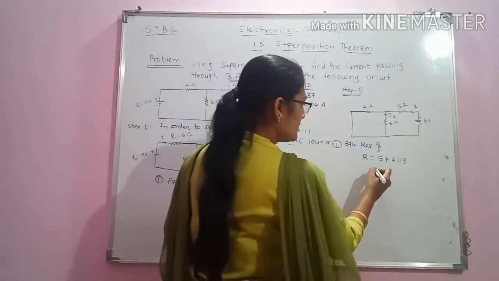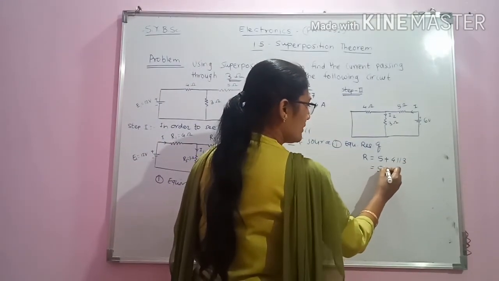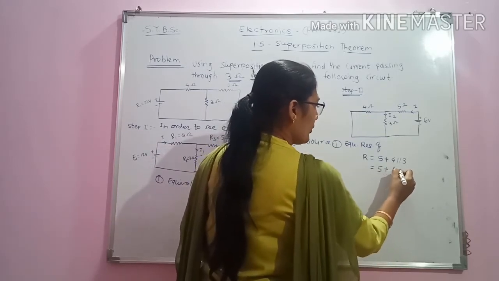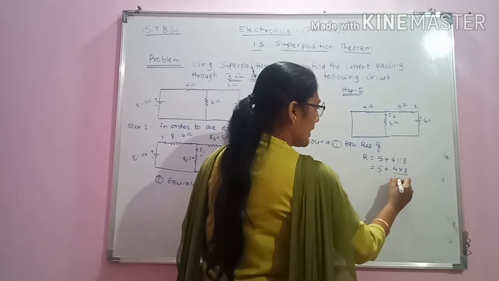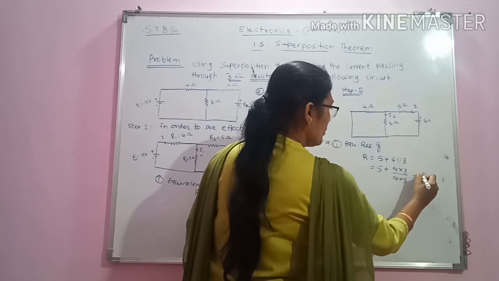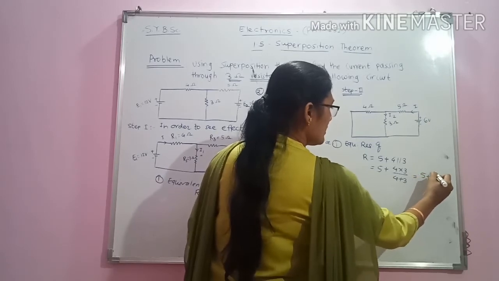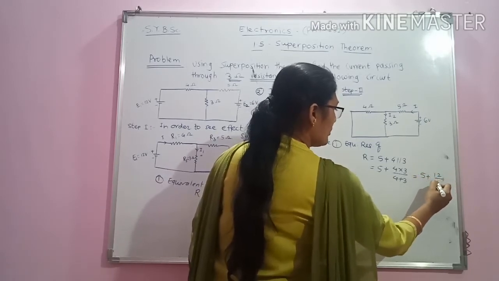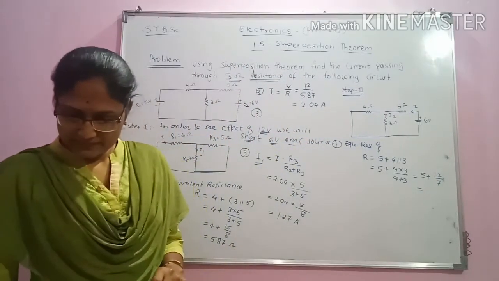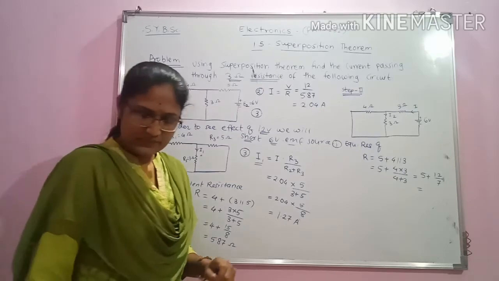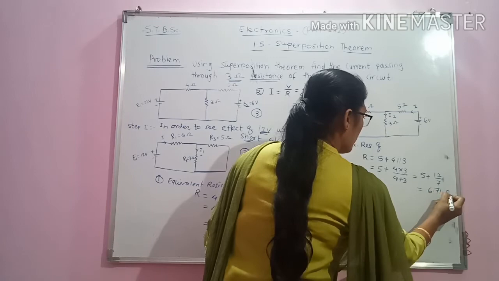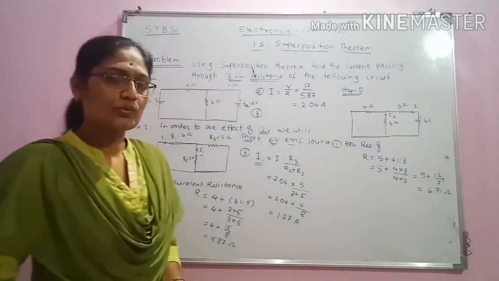And we know that if resistances are in parallel, their value is given by 4 into 3 divided by 4 plus 3. So this will give us 5 plus 12 upon 7, and its value comes out as 6.71 ohm. So the procedure is the same.